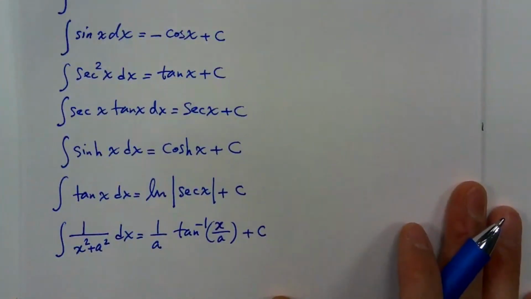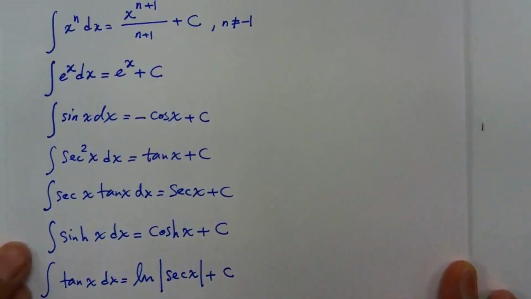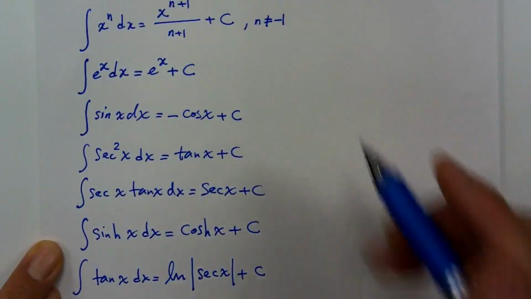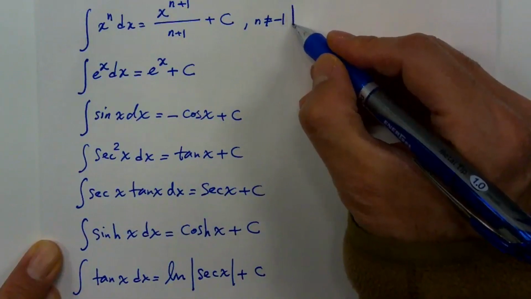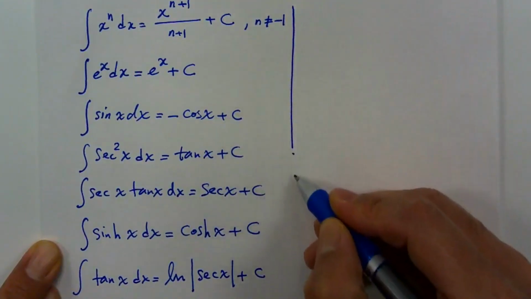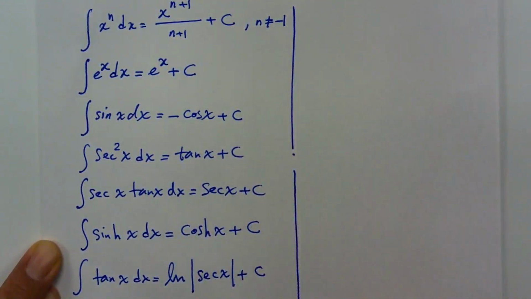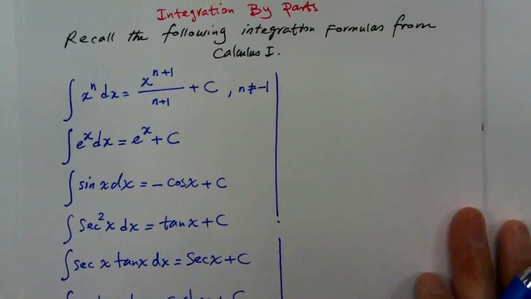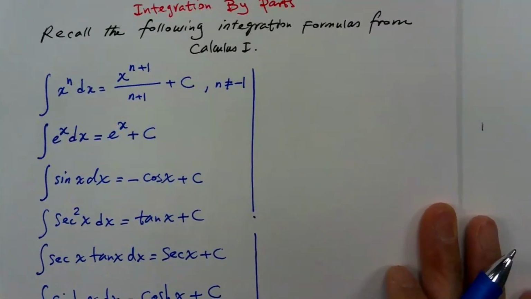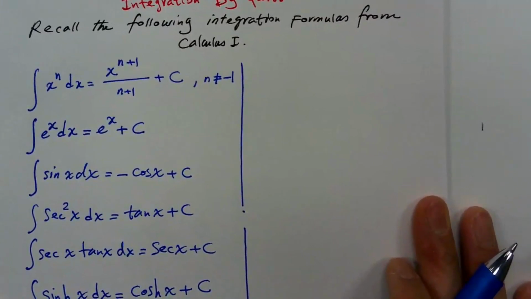And of course, we have more. I want to list those same ones that your book has in this section. So we start with those, and I'll put those right here on this side. There's more of them.